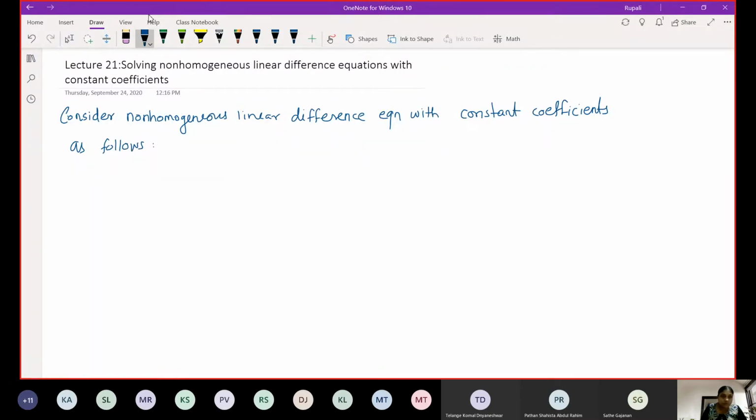That is also nth order. Consider nth order non-homogeneous linear difference equation with constant coefficient as follows. y at t plus n plus p n minus 1 y at t plus n minus 1 plus and so on, p0 y at t is equal to r at t.